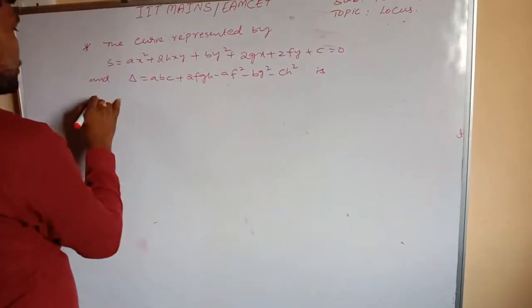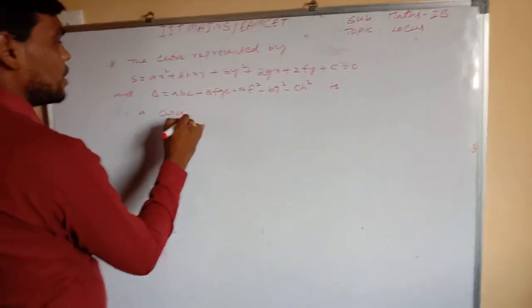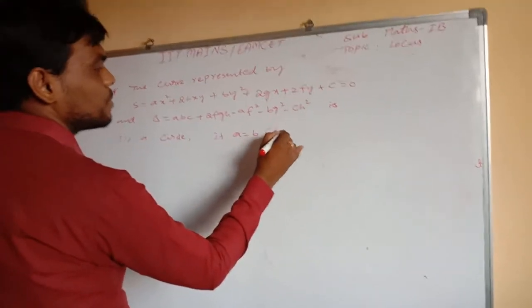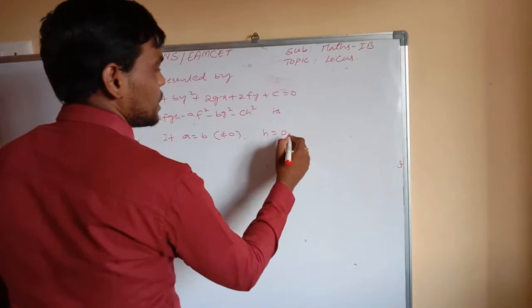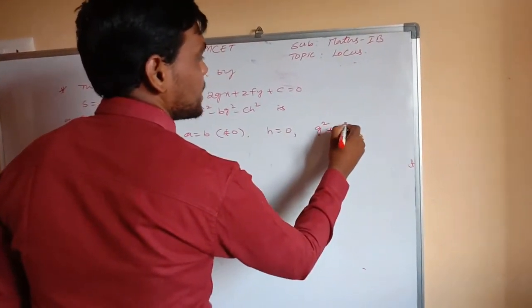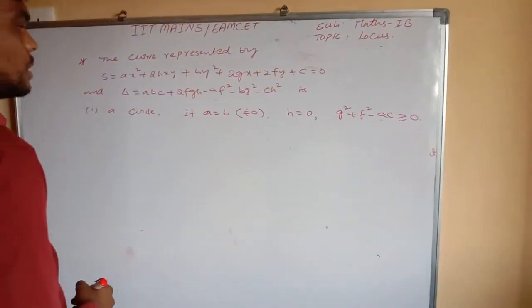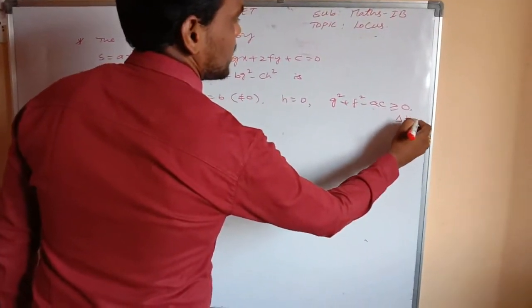First one: a circle, if a is equal to b not equal to 0, h is equal to 0, g square plus f square minus ac is greater than or equal to 0, and delta is not equal to 0.